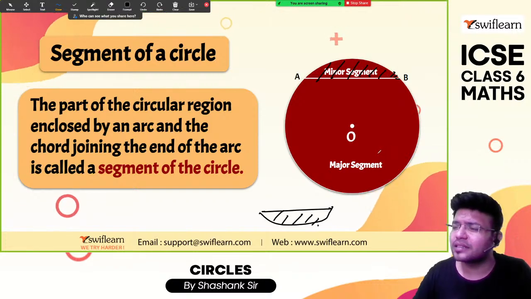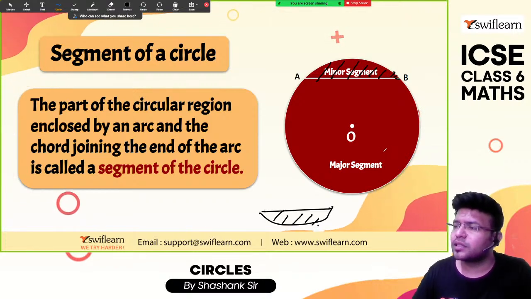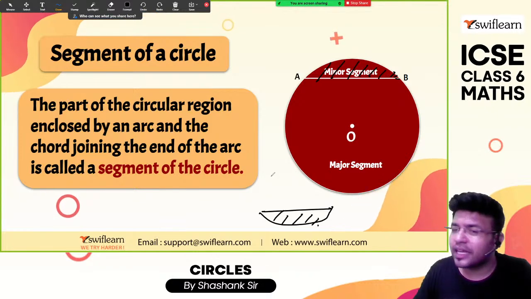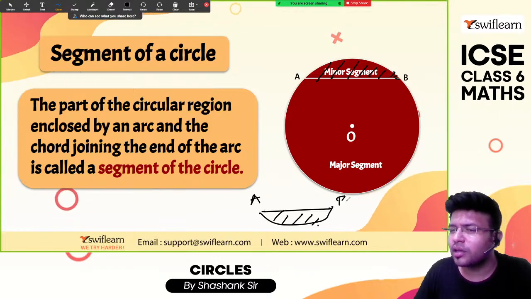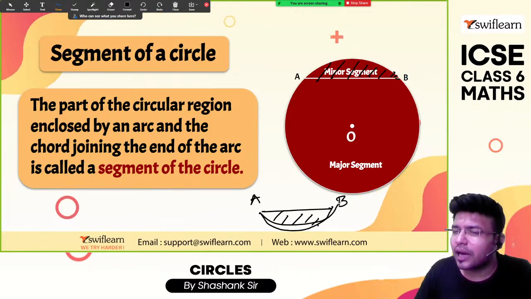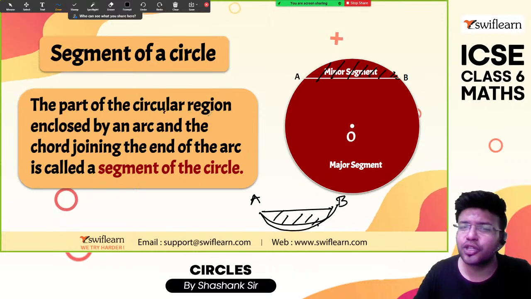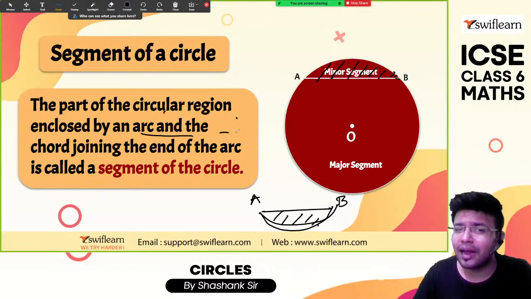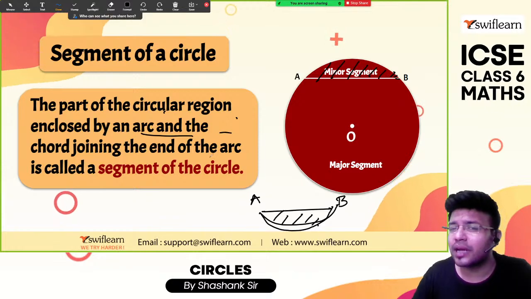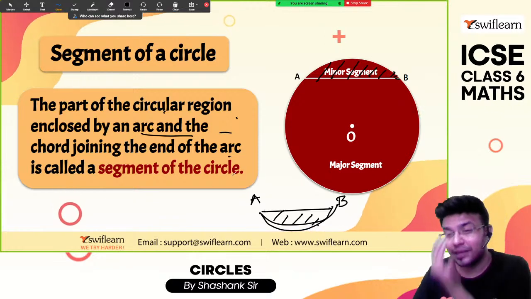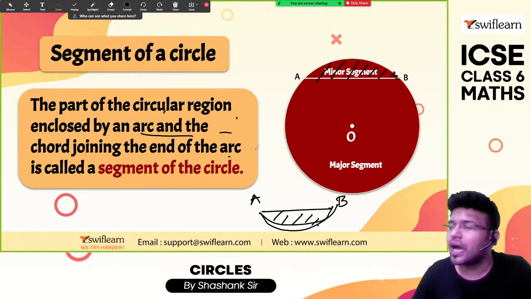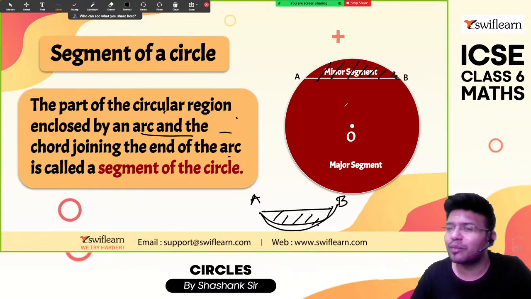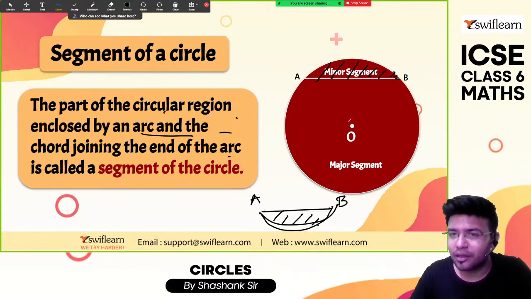Now, how to define a segment? It is a part of a circle, or the region between the chord and arc of a circle. The part of a circular region enclosed by an arc and the chord joining the ends of the arc is known as a segment of the circle.